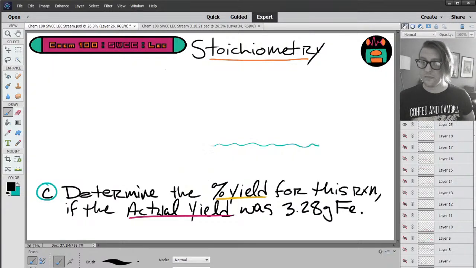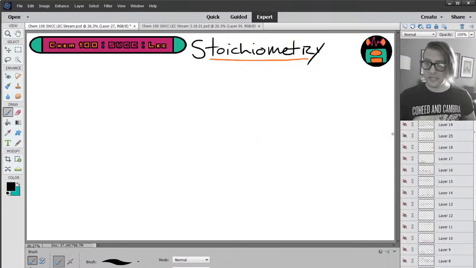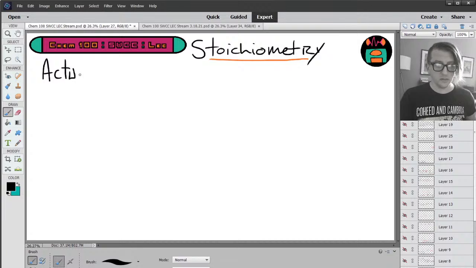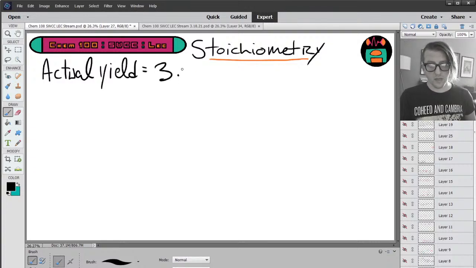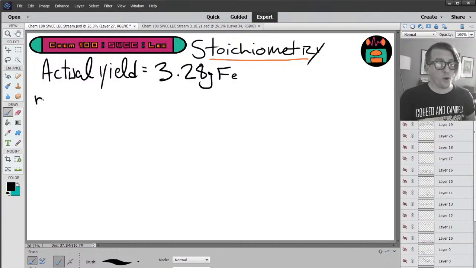Now, you'll notice that we're given our actual yield, 3.28 grams of iron. And in part B of the problem, we actually found our theoretical.